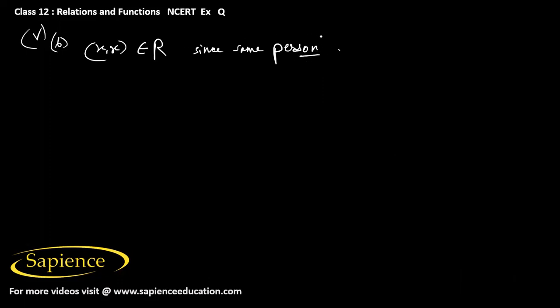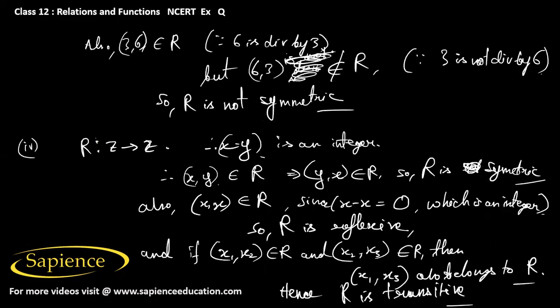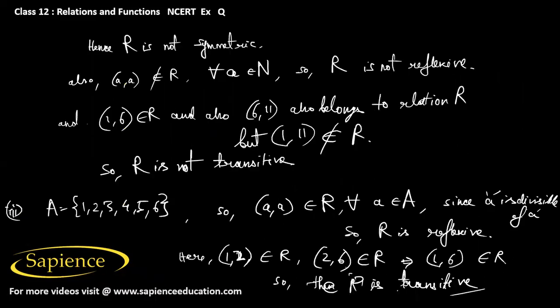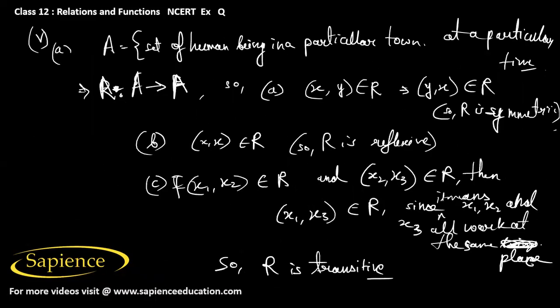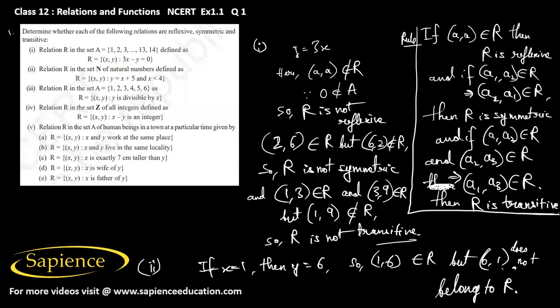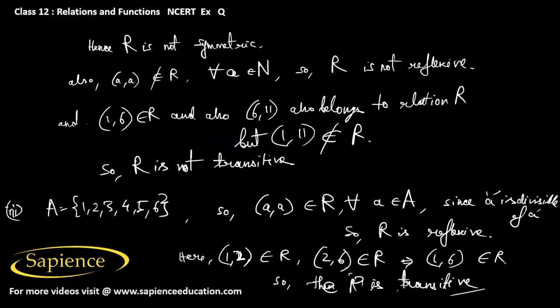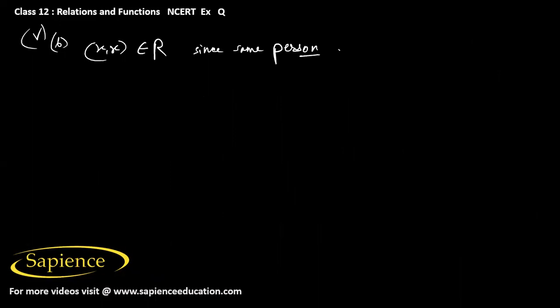Since x is the same person, the relation R is reflexive.